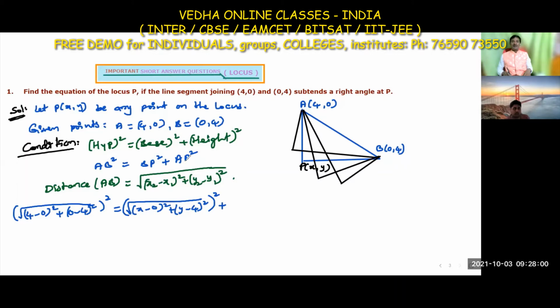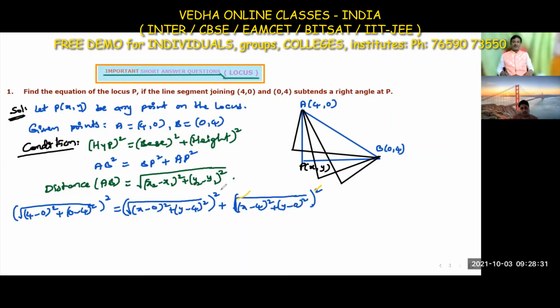And AP, the points A and P: the square root of (x minus 4) whole square plus (y minus 0) whole square. Now for these we have the whole square, so the square and root get cancelled.